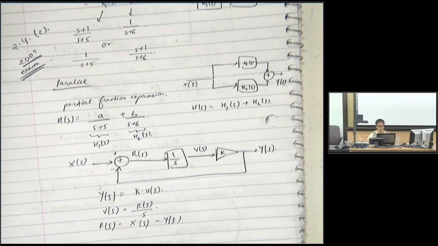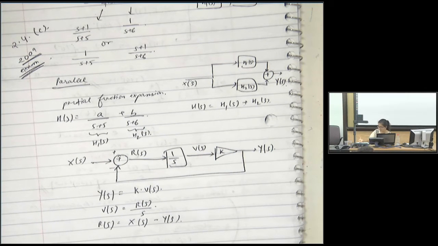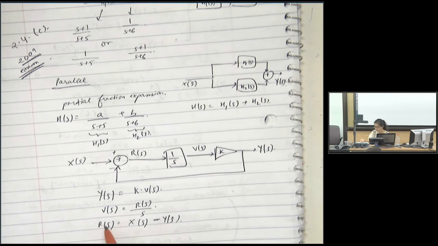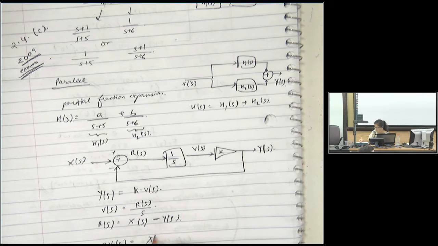Okay, so now what do I do? We put them in a calculator? No, that's something that you don't want to do. We'll do substitution one after the other. So first I'll substitute R of s. Okay, so I'll have s V of s is equal to X of s minus Y of s.